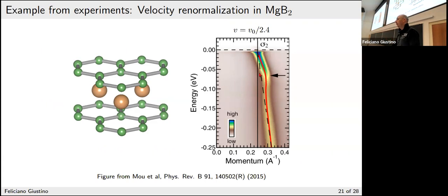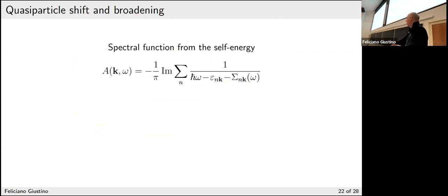And this is typically happening at the phonon energy, the most important phonon energy of the system, which in this case is of the order of 60 millielectron volts. So these things are not just a theoretical game. It's something that you see in experiments, and they affect the transport properties of systems and other properties of interest.